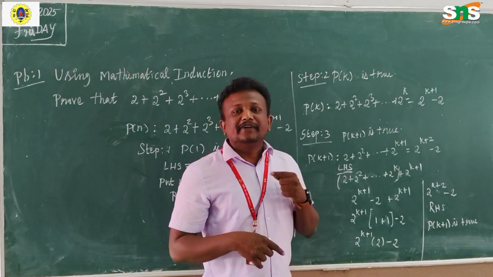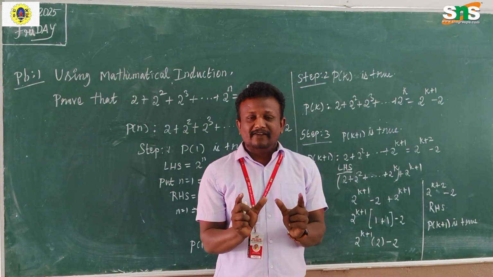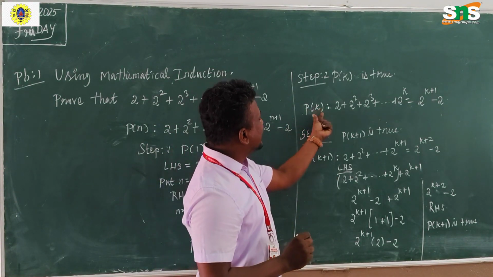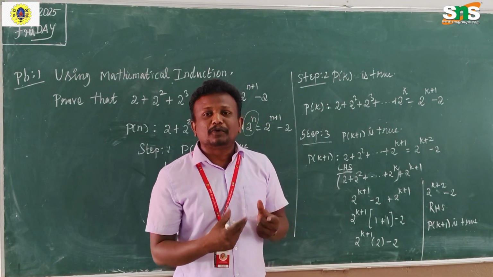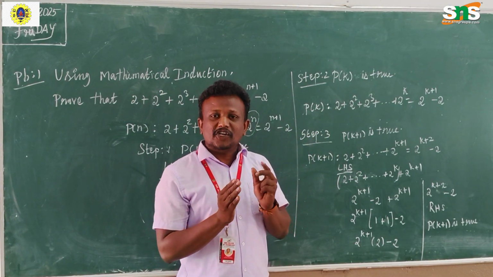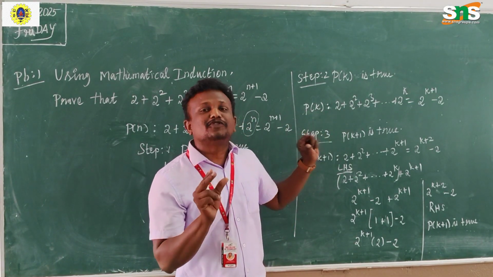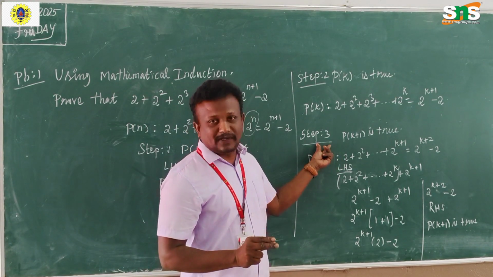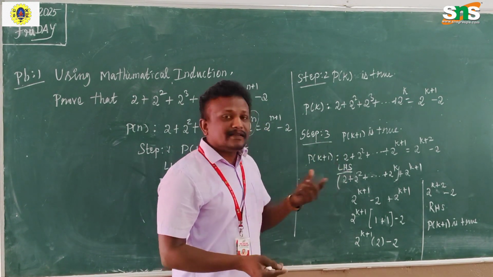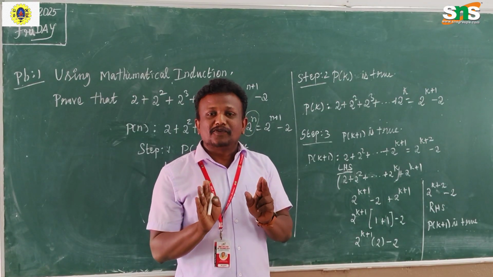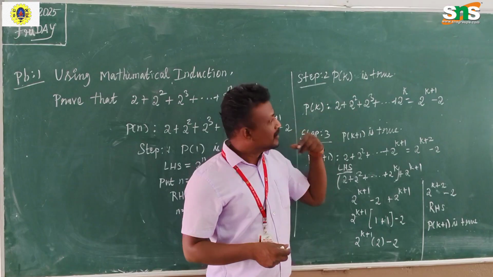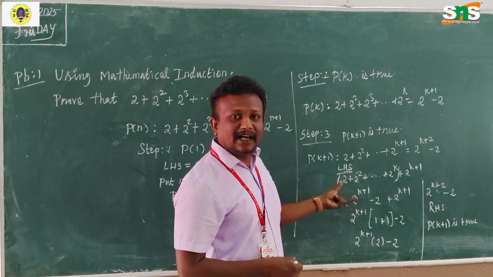In step 2, we are going to assume the given proposition is true for k, right? We are not going to prove whether it is true for k or not. Instead of proving this, we are just going to assume it, because step 3 is very important. If your given proposition satisfies step 3, then this is a valid proposition for all natural numbers.